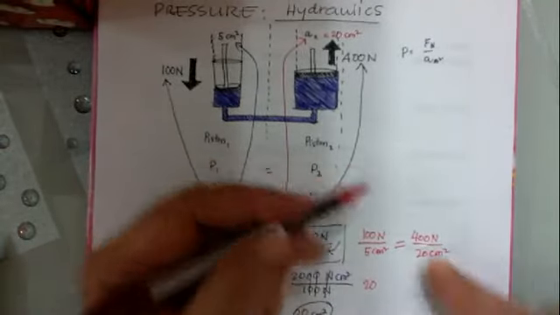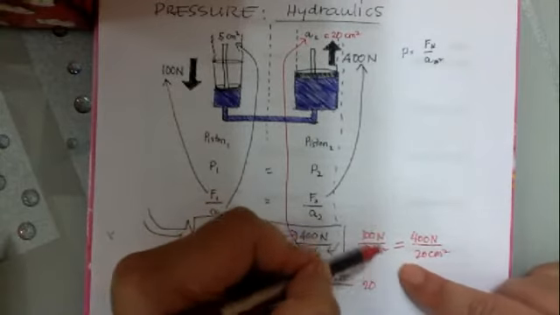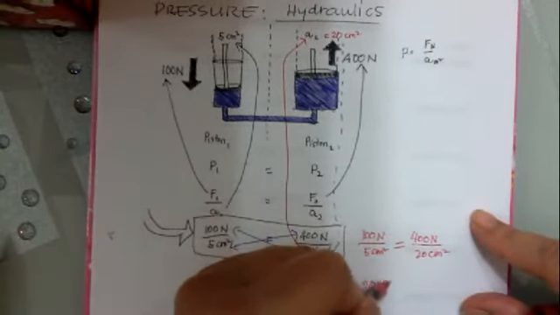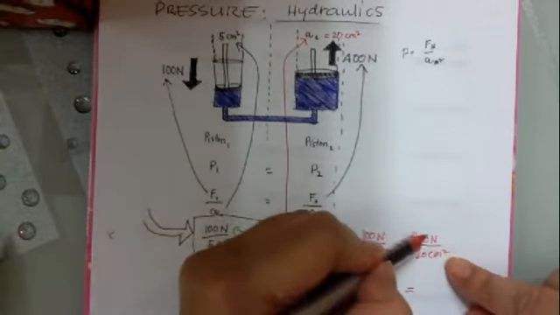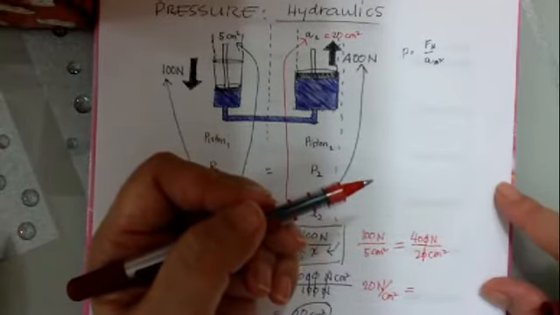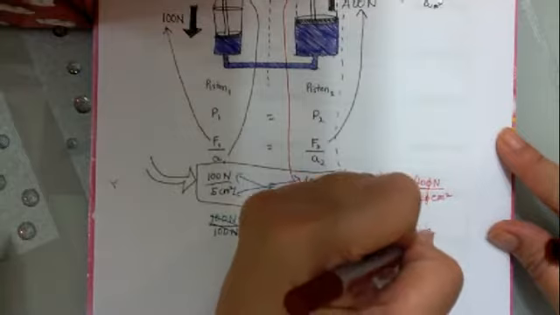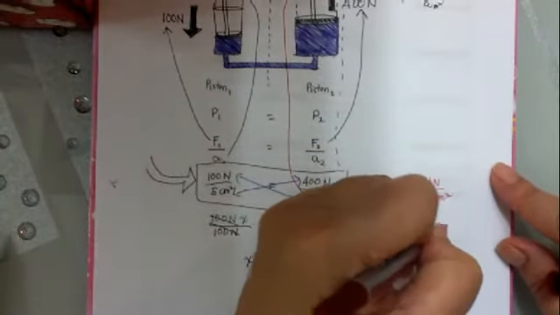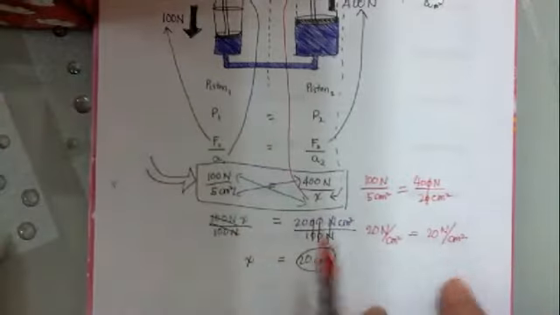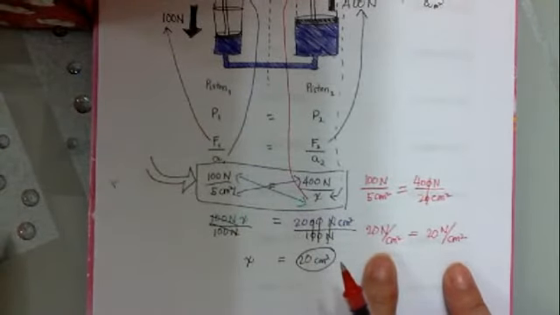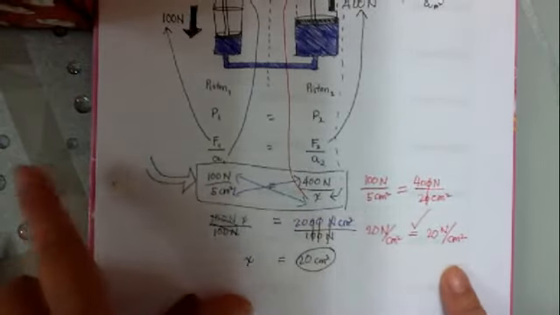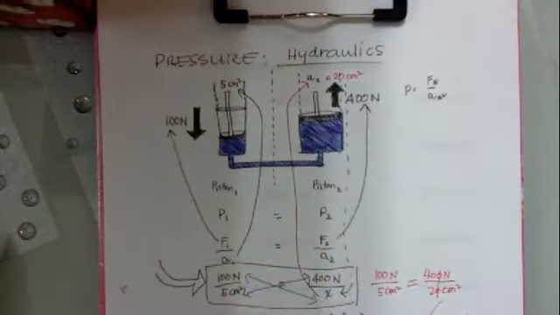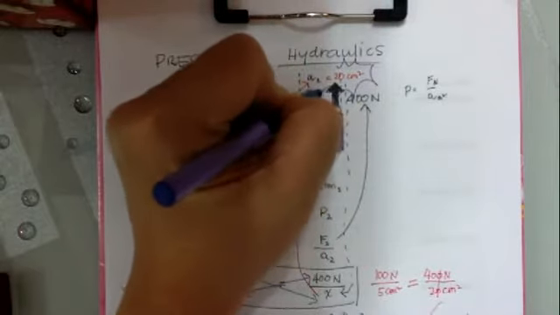And what is the unit? Since you divided the number, you also need to divide the unit, so it is newton over centimeter squared. As I said, you can cancel the zeros, so you're left with 40 divided by 2, which gives you 20. The unit is newton over centimeter squared. Are they the same? Of course, 20 is equal to 20. So your equation is balanced. That means your answer is correct.